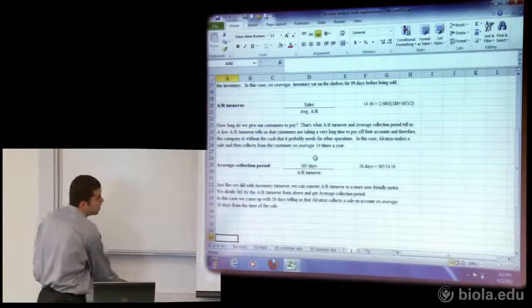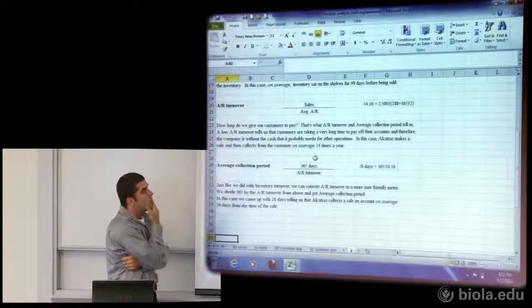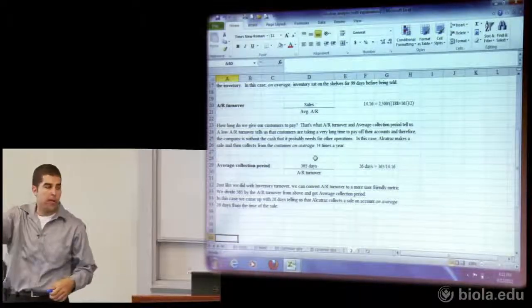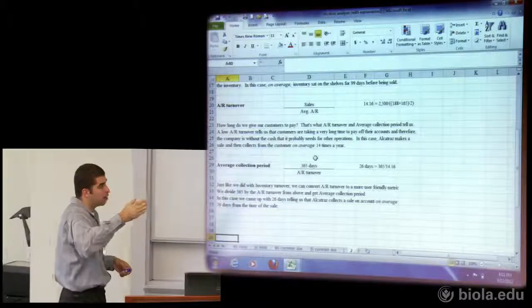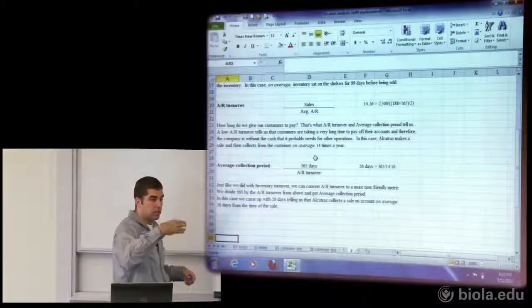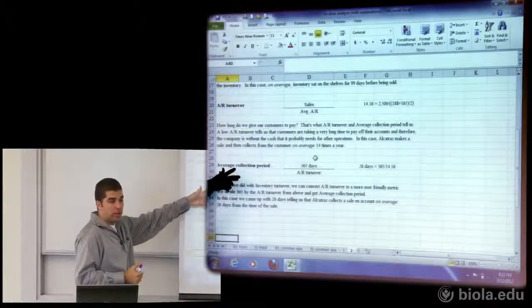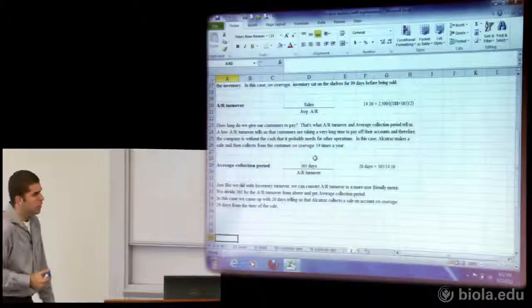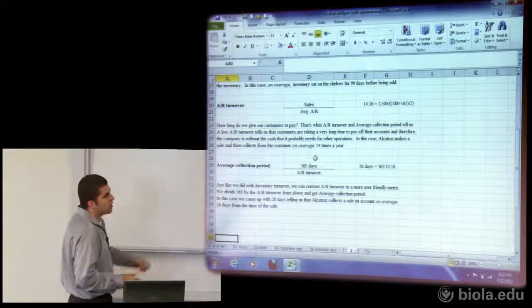So basically we sold something, it sat in our receivables for a while, and we collected it 14.16 times throughout the year. So it's kind of a measure of how efficiently we're collecting our receivables. Is that a good number or a bad number? Maybe, but it depends, not quite as much as before, right?